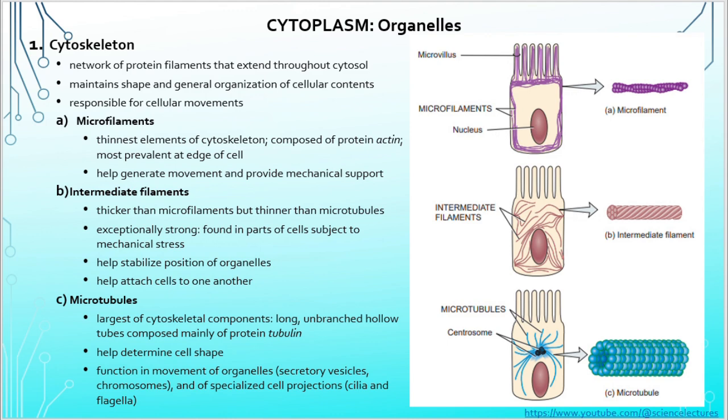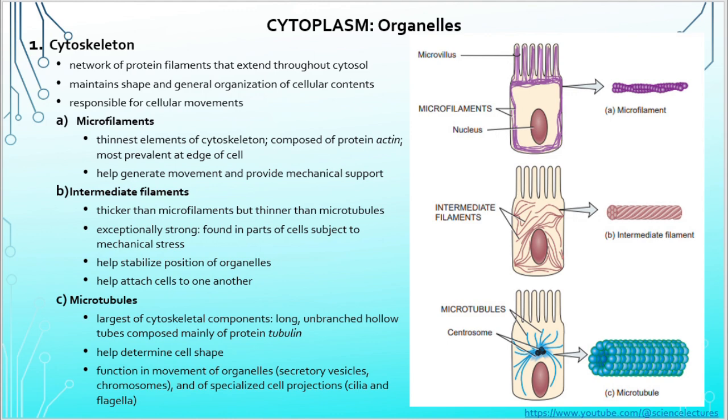So looking at the first type of organelle, the cytoskeleton is a network of protein filaments that extend throughout the cytosol. It serves as a scaffold that helps to determine a cell's shape and to organize cellular contents.